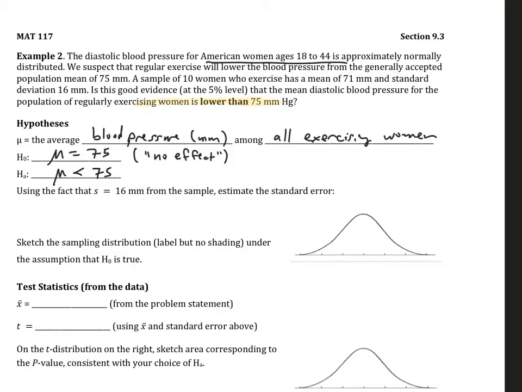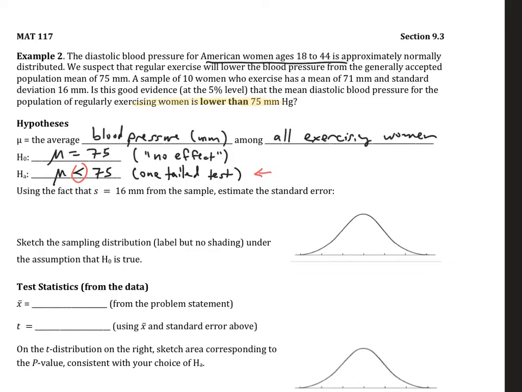If a problem does not say explicitly whether they're talking about testing a claim about less than or greater than, then we always will just use not equal to as our sort of default decision about HA. So I'll put in parentheses here, just a reminder, this means we're going to be doing a one-tailed test. When I draw my picture below, I'm going to shade in one direction, and I know that I'm going to shade in the direction of this symbol, so I'll be shading to the left.